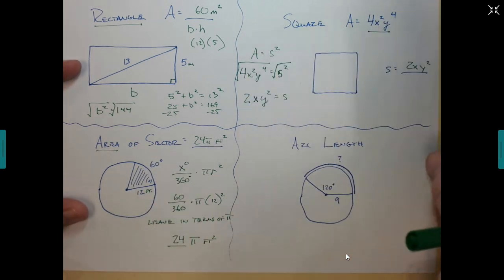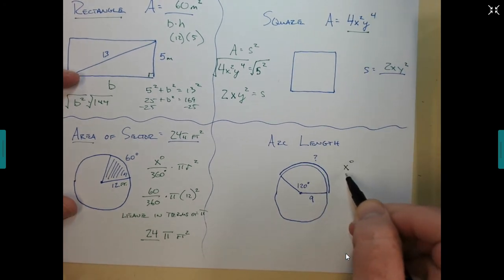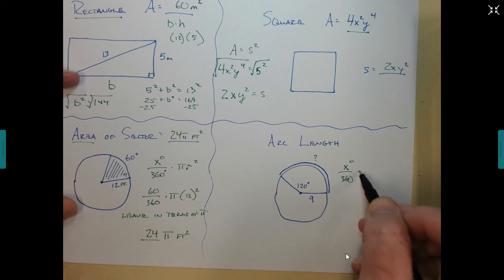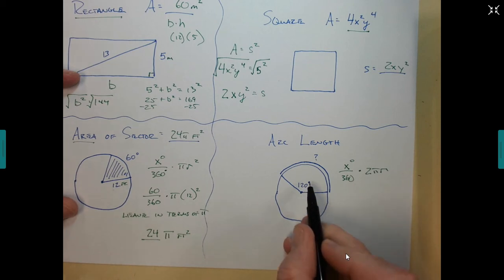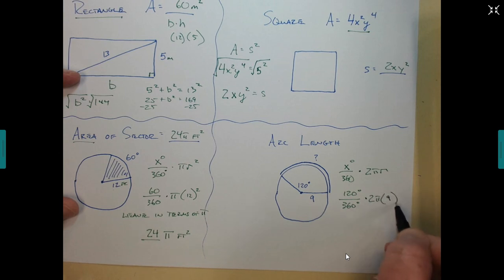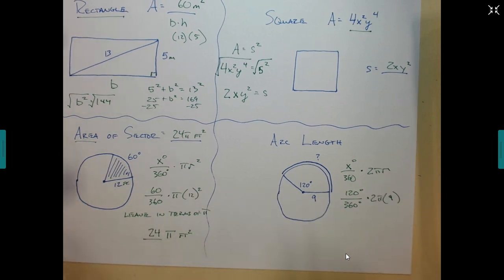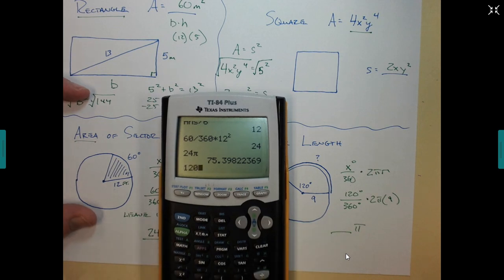All right, same kind of idea, but arc length, which we talked about just a second ago. The question is how much of the circle times the full circumference. Well, we want 120 degrees out of 360 times 2 times pi times the radius, which is 9. If we're going to leave our answer in terms of pi, again, we do all the mathematical work: 120 divided by 360 times 2 times 9.